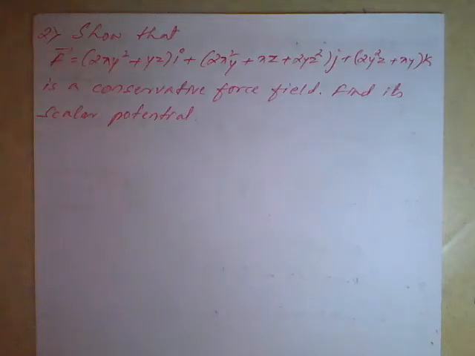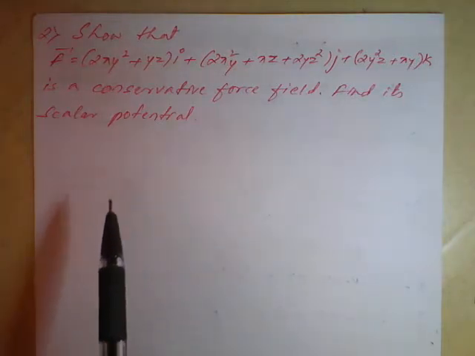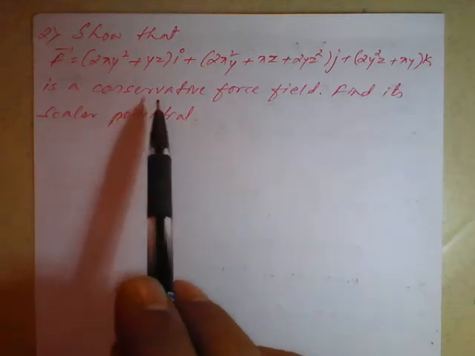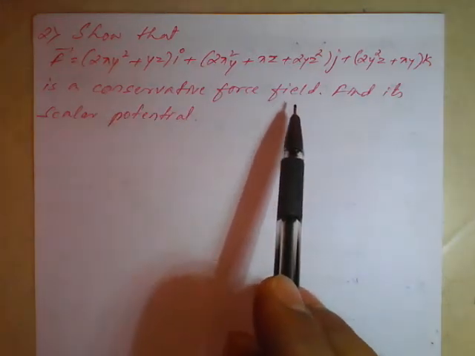Good morning, dear students. We'll continue the examples based on vector calculus. In the previous class, we saw examples related to solenoidal and irrotational. I said that irrotational is also considered a conservative force field.